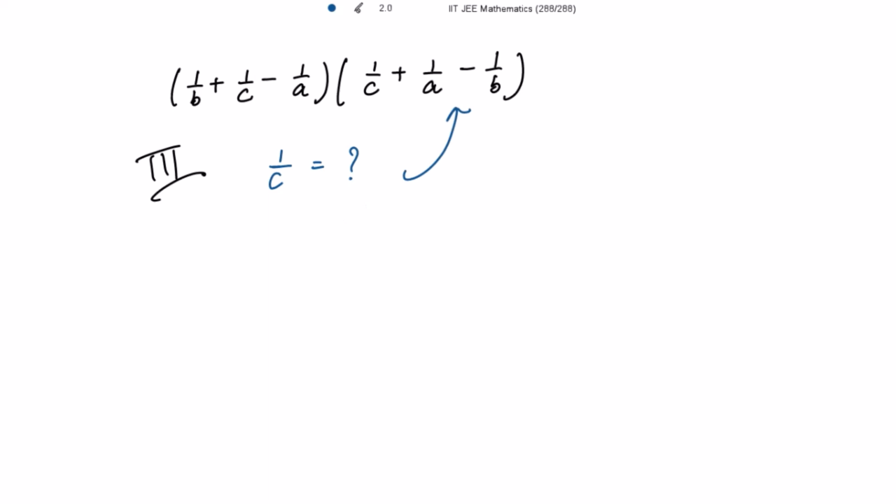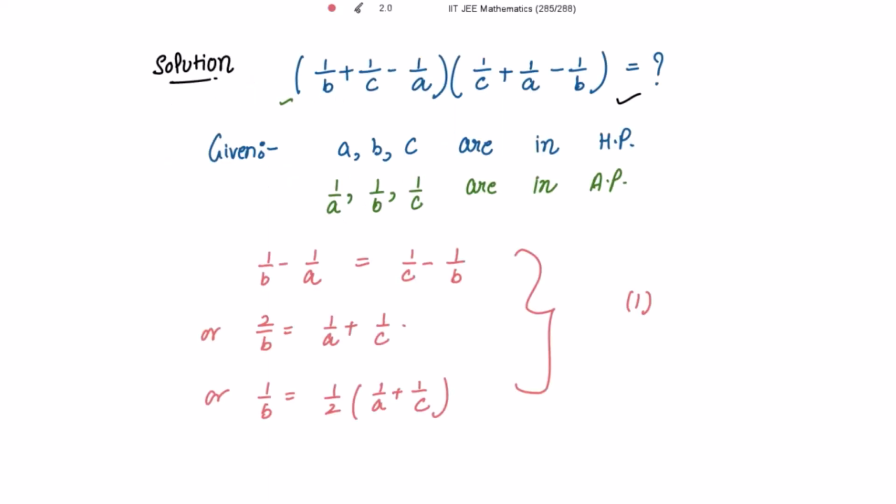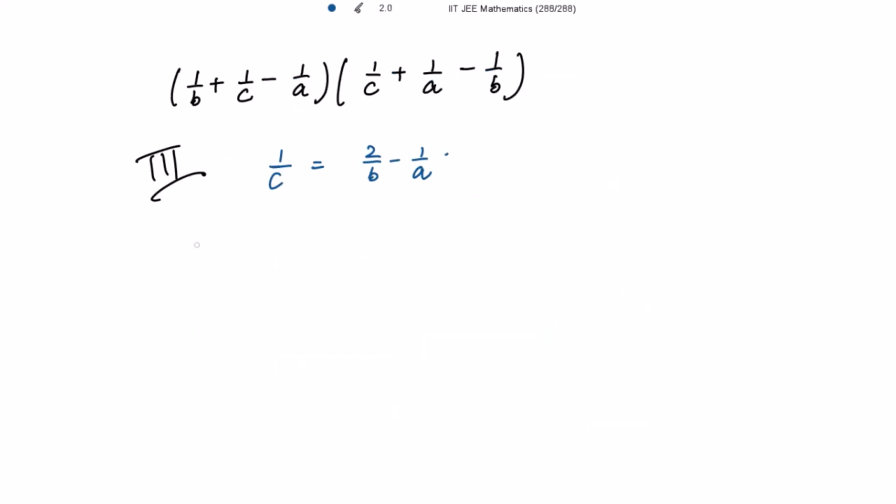Okay. And then at last we are going to use the value of 1 divided by c to solve this product. So from these similar equations, let's get the value from this, that is 2 divided by b minus 1 divided by a, right? So from the first bracket, we get 1 divided by b plus putting the value of 1 by c over here, we get 2 divided by b minus 1 divided by a minus 1 divided by a.